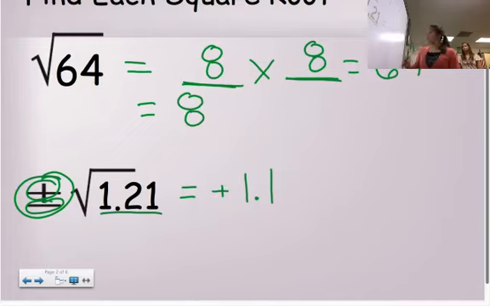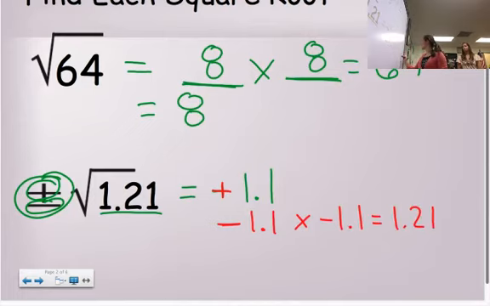So that's the positive. But we know that a negative number times a negative number is a positive, so negative 1.1 times negative 1.1 equals 1.21. So our answer is plus or minus 1.1. Final answer.